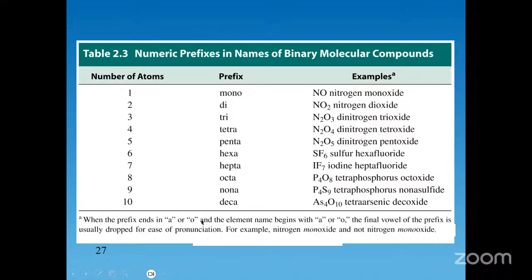Now, how do we use the prefixes? There's a couple of exceptions where you don't use the prefixes.